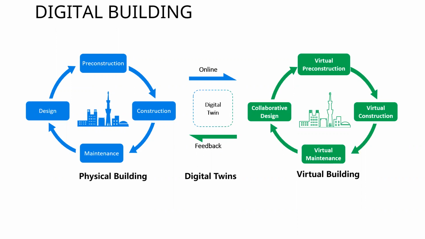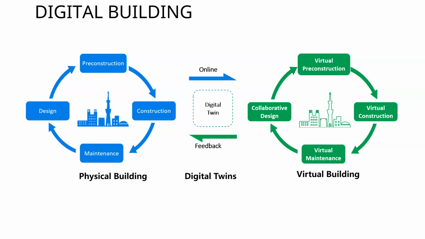The best example is e-tendering. Then you can do virtual construction. The best example is that you can create a construction program and a 3D model, then synchronize the 3D model with the construction program, then simulate your 3D model. That is virtual construction. Then you can do virtual maintenance as well. Digital twin is the best example for that.